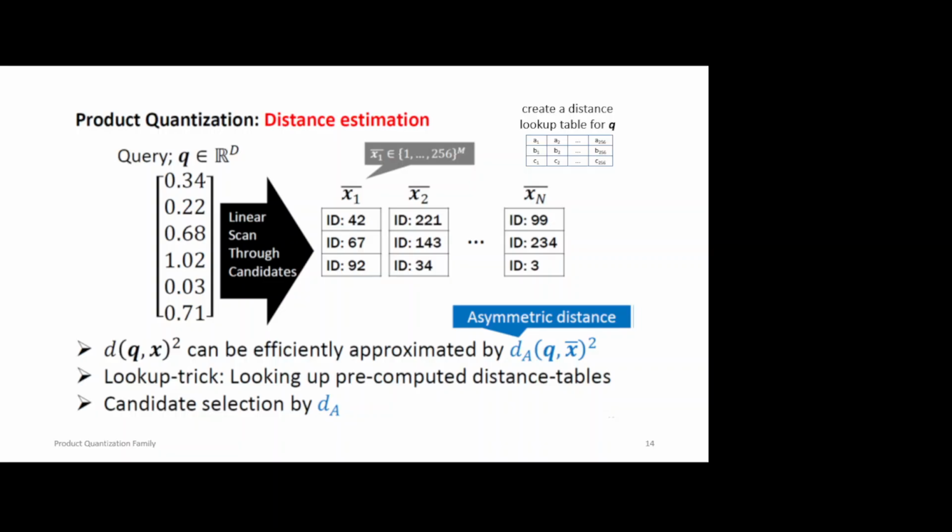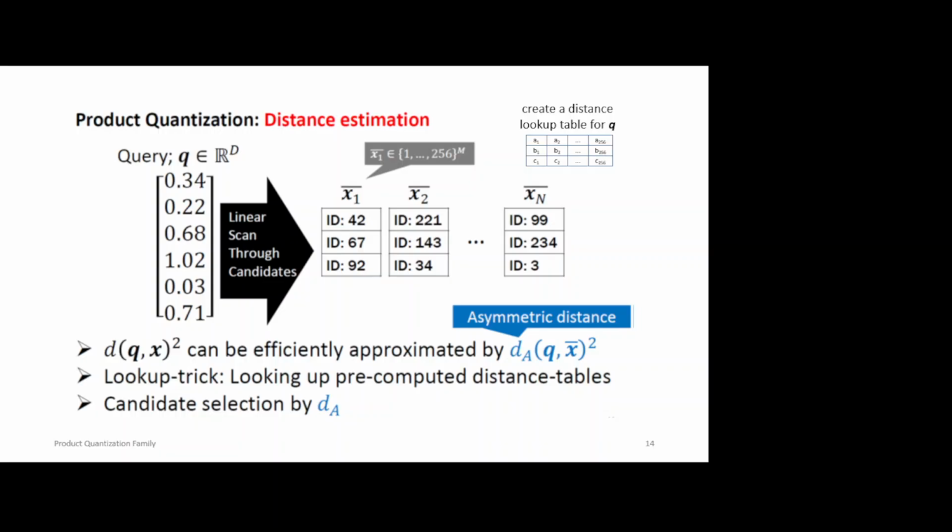keep the distance here, and for the second segment, we again look up the table, the second row, and the 67th centroid to see what value is stored here. For the third segment, the ID is 92, so we check the third row and find the 92nd centroid.